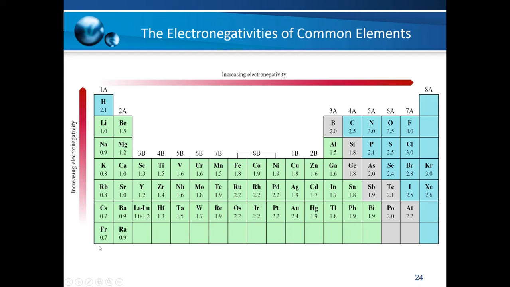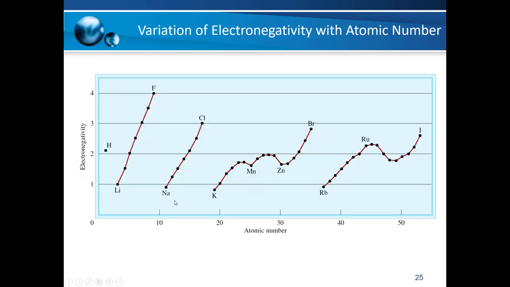In the group, if we go from bottom to top in the same group, the electronegativity will increase. And the variation of electronegativity with atomic number.